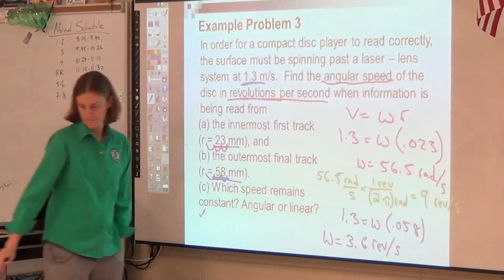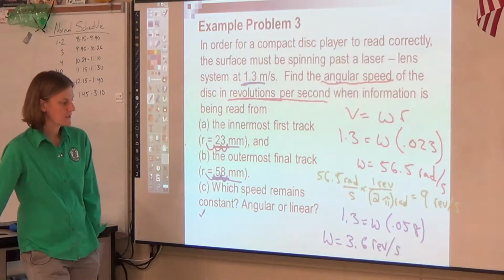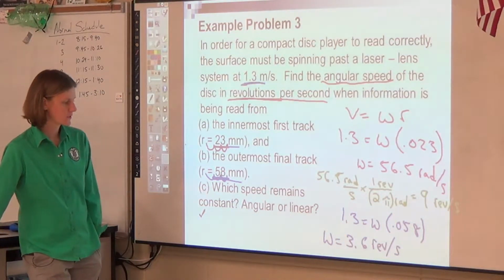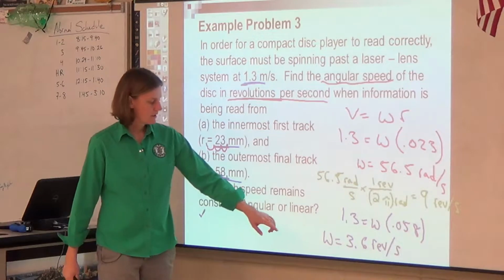And when you do get your radians per second, again, divide by 2 pi. Get 3.6 revolutions per second.